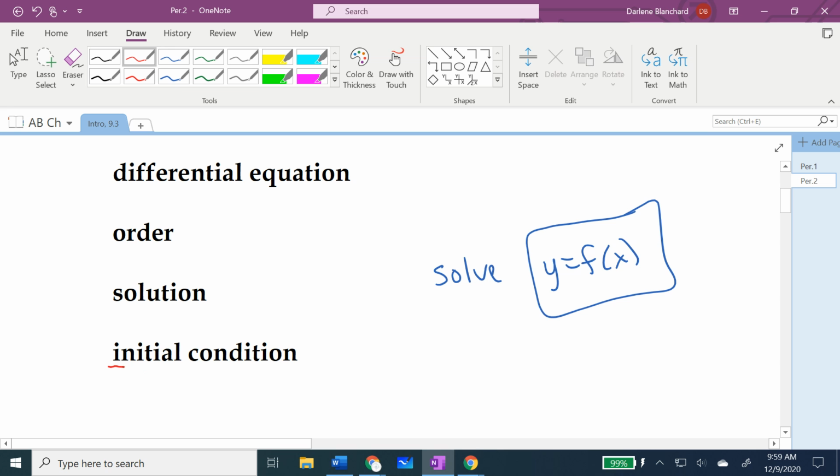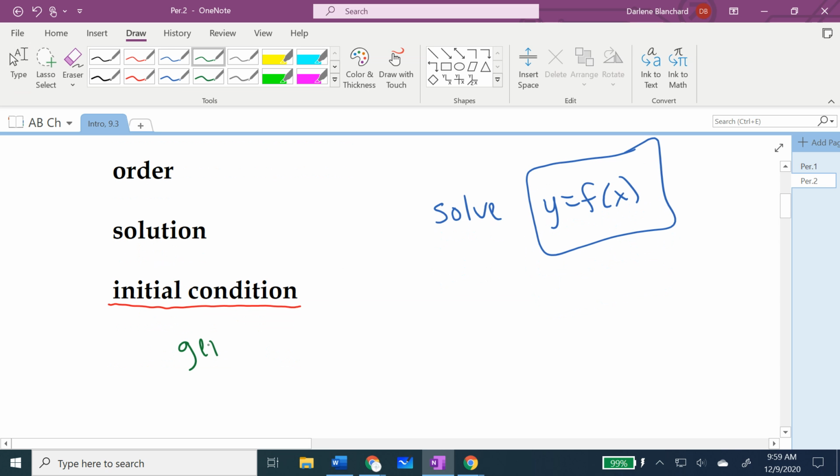The initial condition is not necessarily when t is equal to 0 or x is equal to 0. It's just any particular point that you happen to know on the solution equation. If you don't have an initial condition, you're only going to be able to find a general solution.